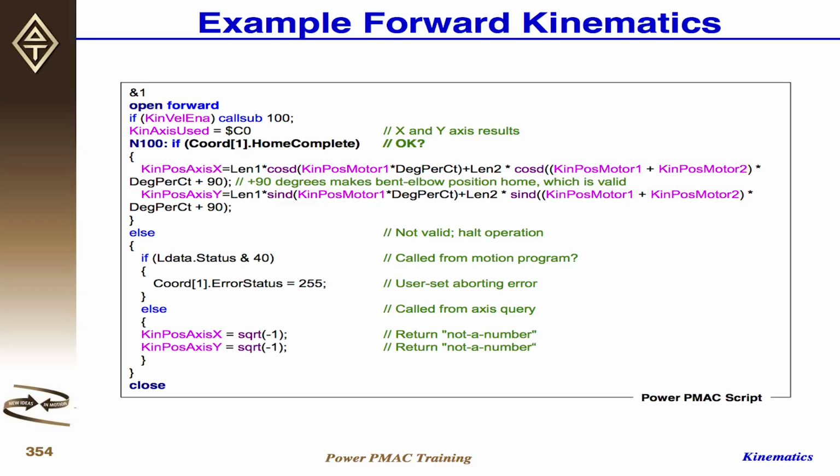Because in the initial program formula, we don't have this 90 degree. It's just A plus B, A plus B. Right? And yet we have a 90 degree here. This is A. This is A plus B with the 90 degree.